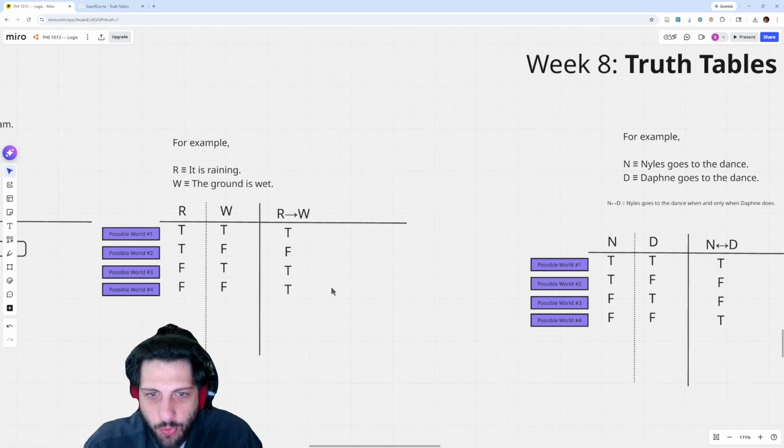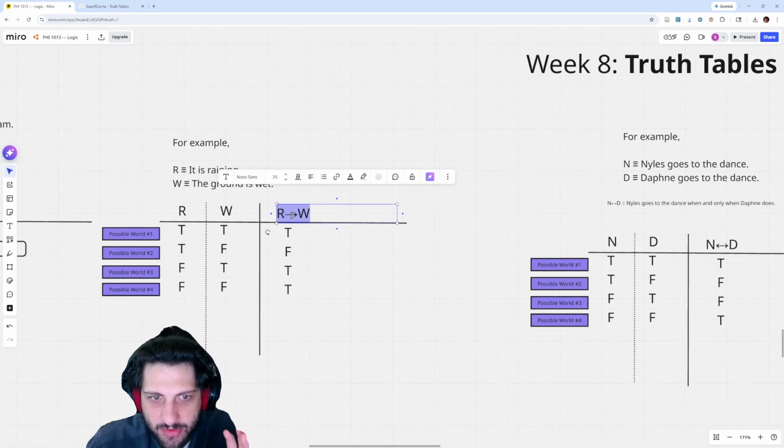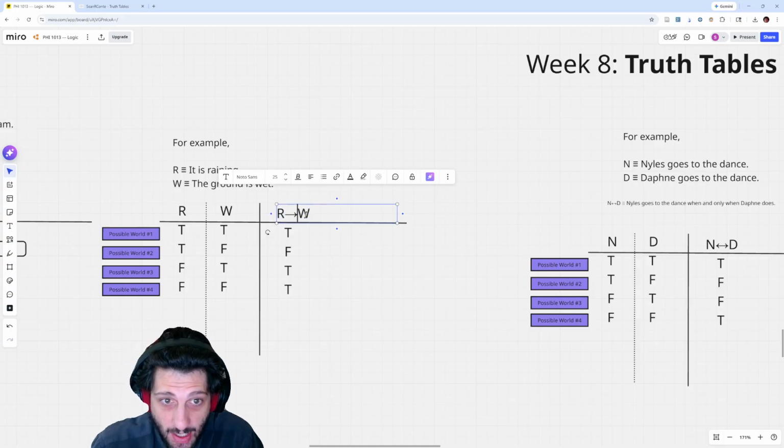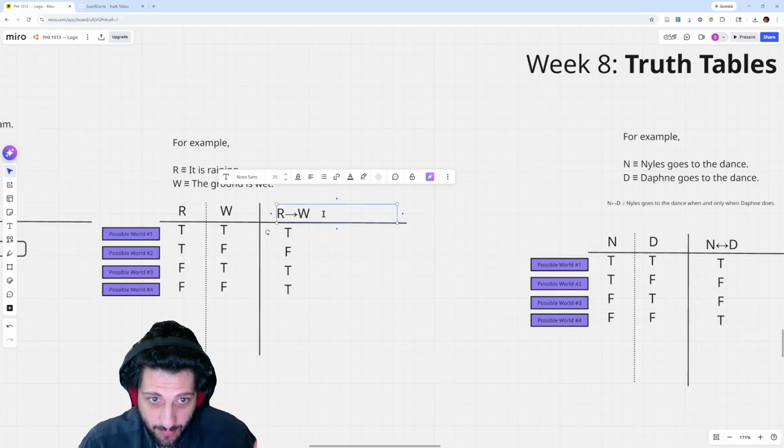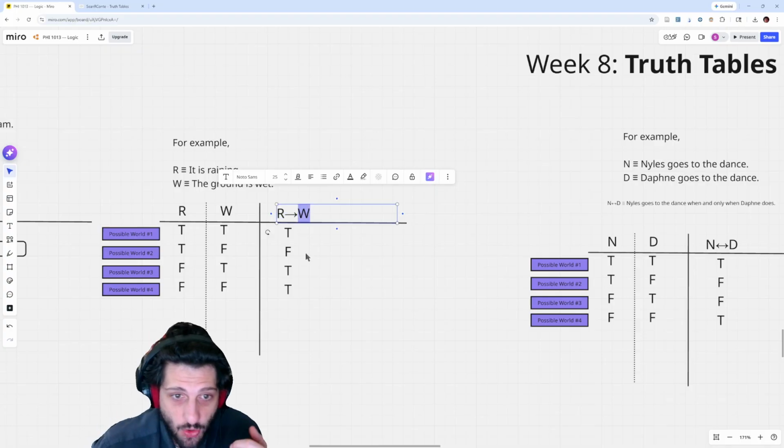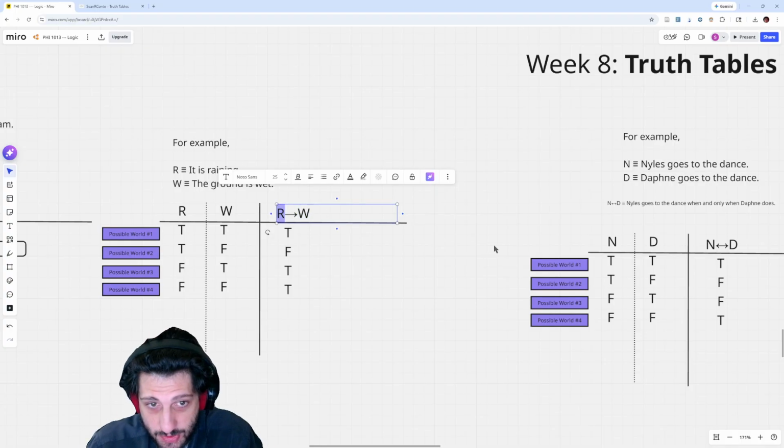It's really important to see the difference, and we'll be looking at the relationship more and more as we go, between the conditional on one hand, which says if one thing was true, I know the other's true, but it doesn't tell me that the right-hand side entails the left-hand side. Just because I know W is true doesn't mean I know anything about R being true.